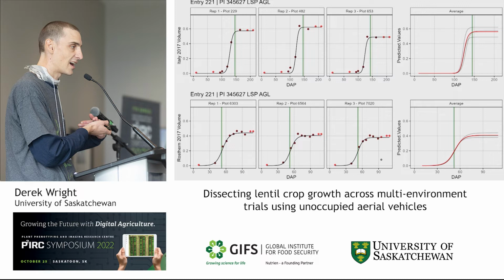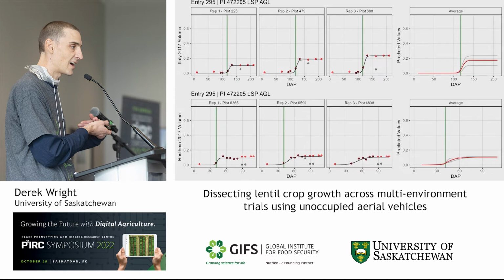In the bottom panel is the same thing, but for Rosthern, Saskatchewan, as opposed to Italy. And then I have drawn this vertical green line just to indicate when they're flowering. So what we can see is for this one line, in Italy, it's doing all of its growth for volume and then flowering, whereas in our environment, the flowering is occurring right in the middle of growth.